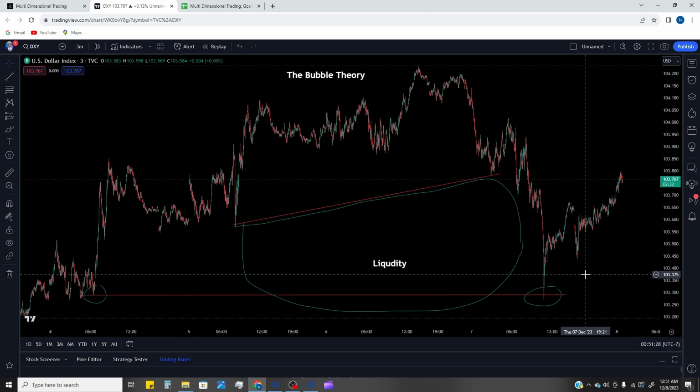Today we are going to go over how to find liquidity using a very simple theory. This is a theory that in the multi-dimensional trading Discord we had come up with, to show how to find liquidity. Where is liquidity? There's plenty of methods out there that you can look for on the internet, to see liquidity below some lows.